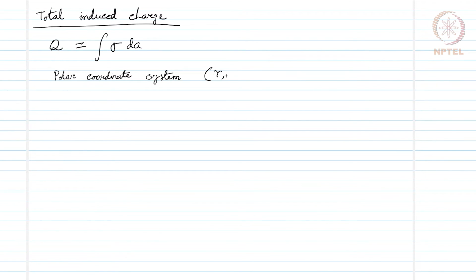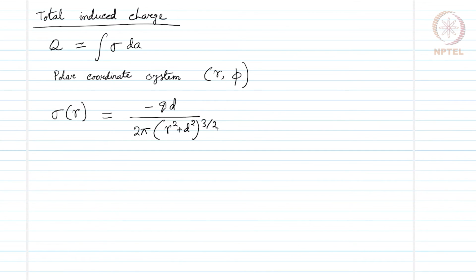The coordinates are r and phi. So we have to represent sigma in terms of that, which is just a function of r. It's symmetric in phi. So this will be minus q d over 2 pi times (r squared plus d squared) to the power 3 over 2, since x squared plus y squared equals r squared in the case of 2 dimensions.